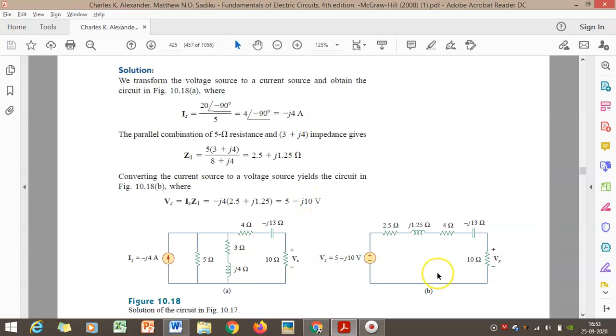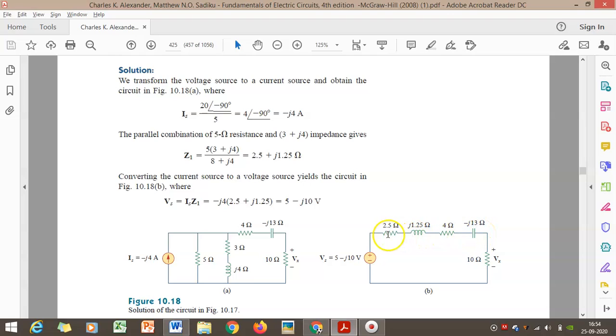Now we have Vs and Vx, and we need to calculate the voltage across this 10 ohm resistor. All the other elements should be combined into one impedance, and then we can apply the voltage division rule.